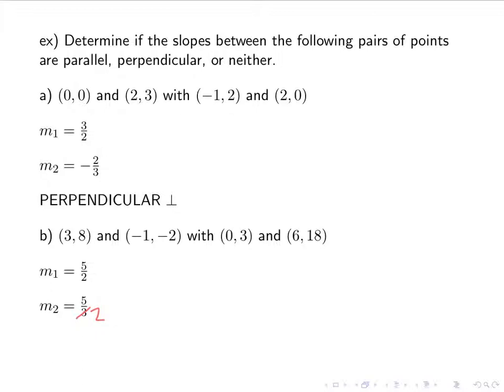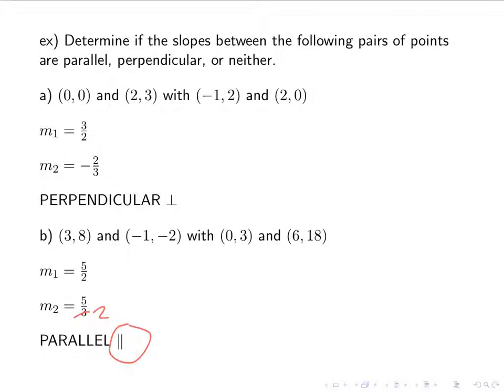You can verify that. I haven't shown the math for it, but I've got 5/2 for both of them. They're the same, so that means they are parallel. And this symbol right here, 2 vertical lines, is the symbol we use for parallel. So just be careful, and if you're writing it, don't confuse it with an 11.